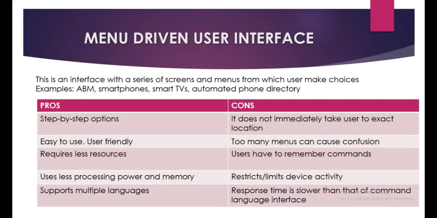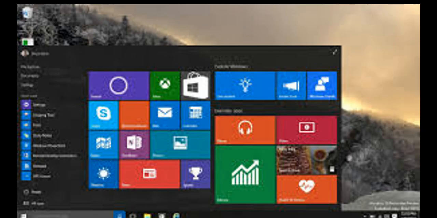The first one is the menu-driven user interface. And guess what? As the name suggests, this is an interface which presents the user with a menu or menus. These interfaces typically comprise a screen and menus from which the user makes choices.